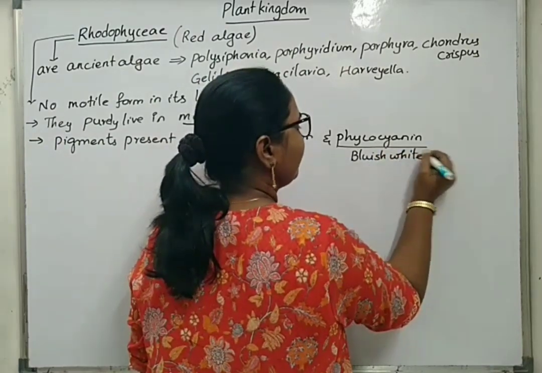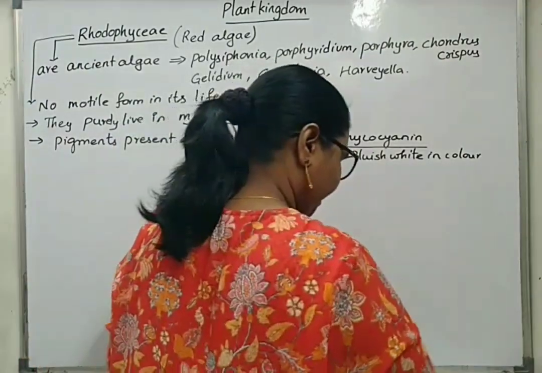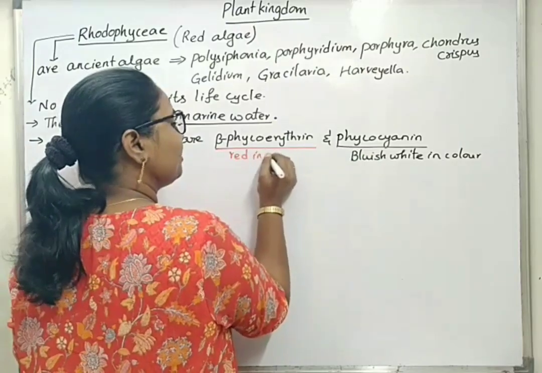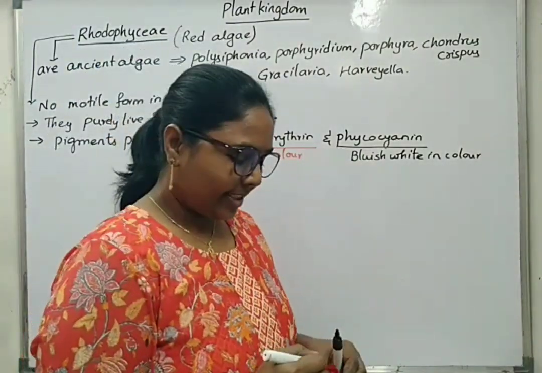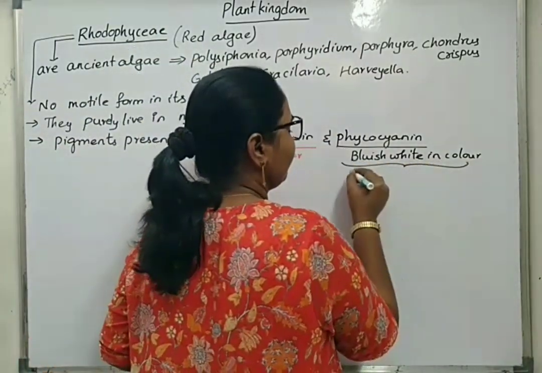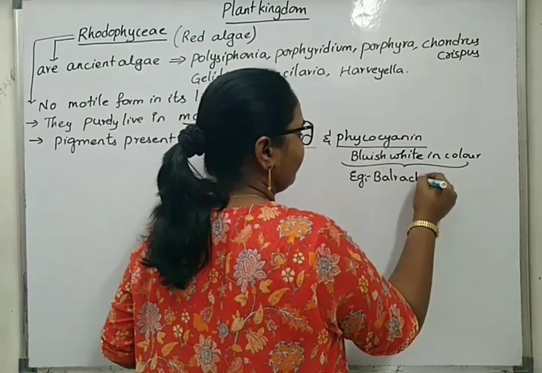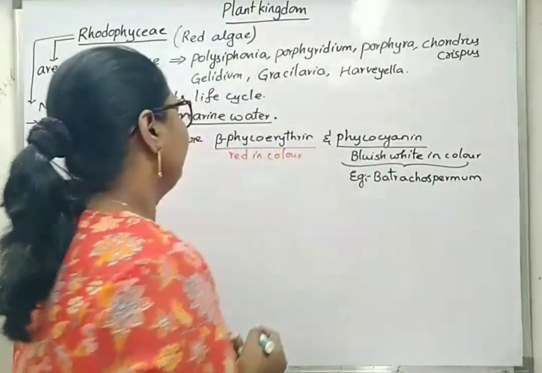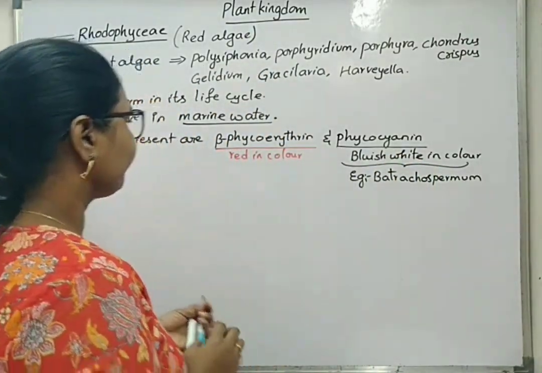The phycocyanin-containing red alga is Batrachospermum. All the remaining types of algae are exceptions.